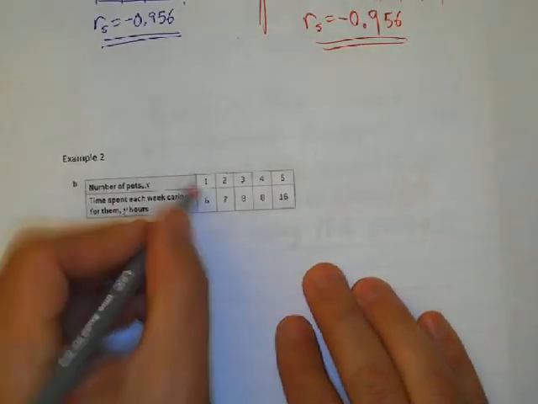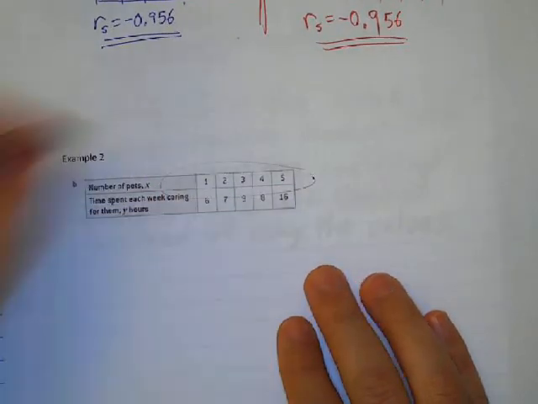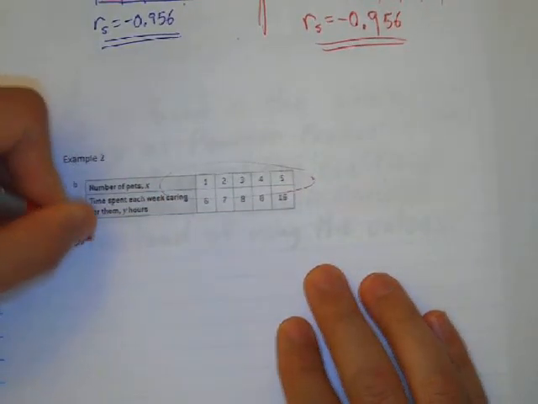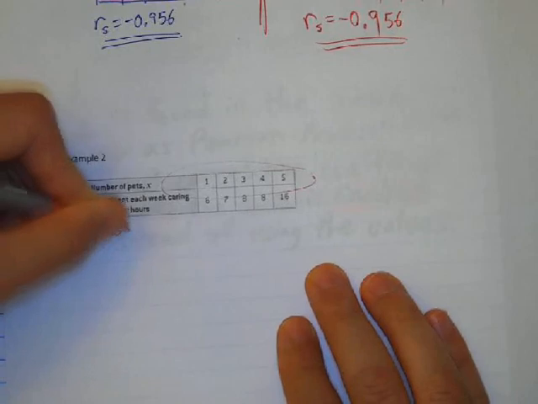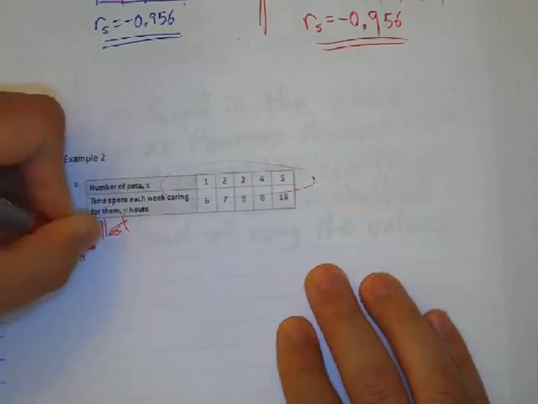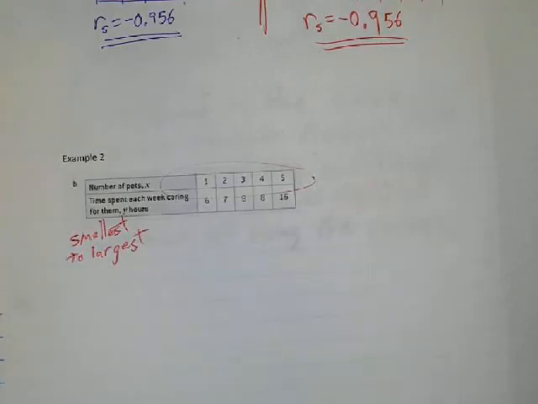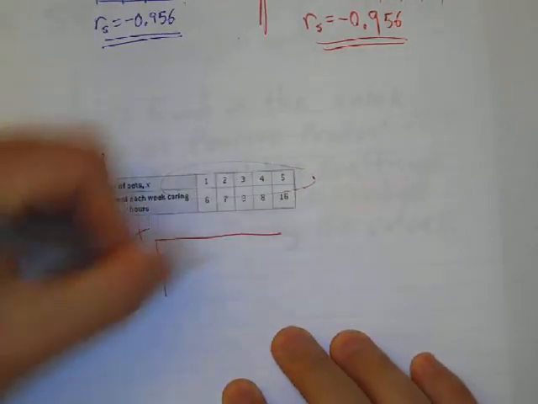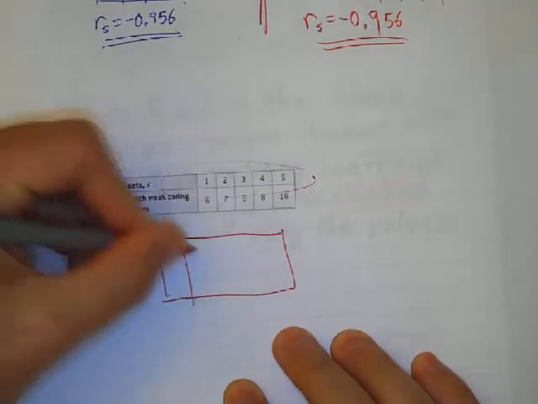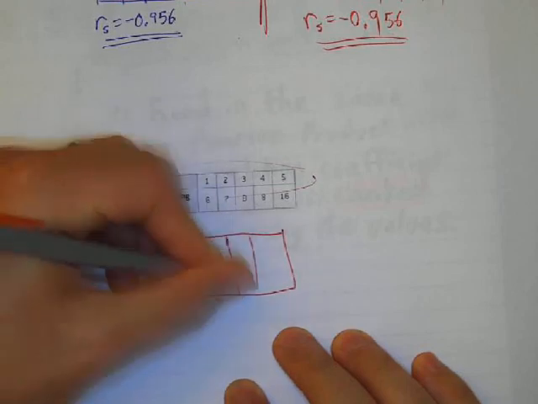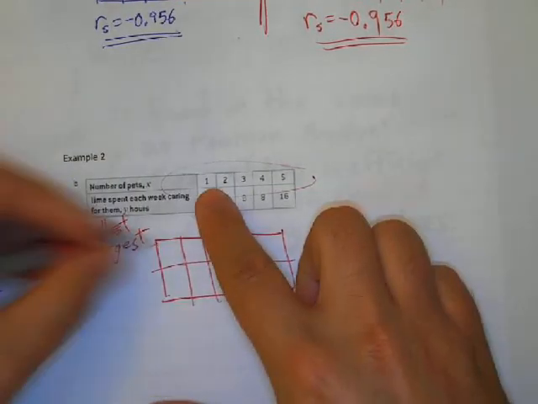So let's do this smallest to largest, since it's already that way. I'm doing it smallest to largest, those stay the same.